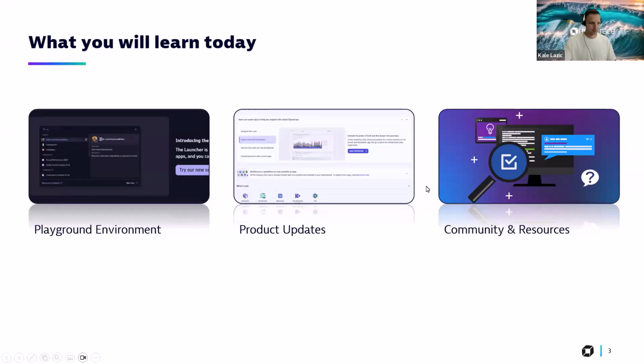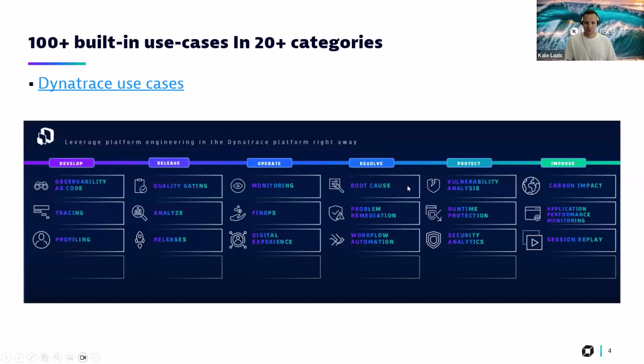Let's get started with the information about the built-in use cases. As we mentioned in our last Observability Clinic on what's new in Dynatrace, we have a really good collection of Dynatrace use cases end to end, starting from the development phase, which capabilities of the Dynatrace platform you can use to make your development more efficient, more reliable, and to increase quality.